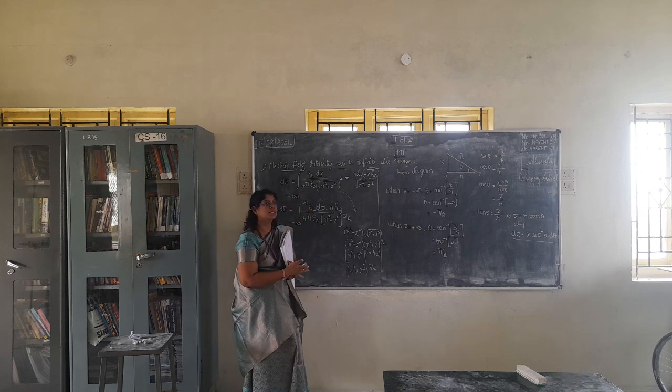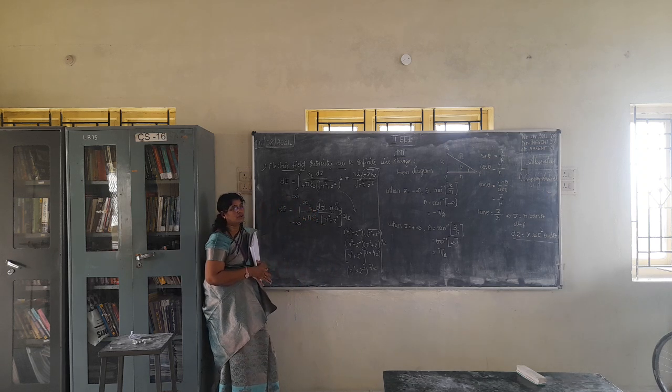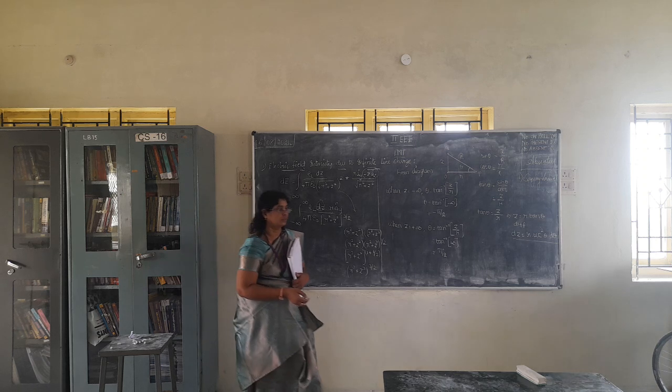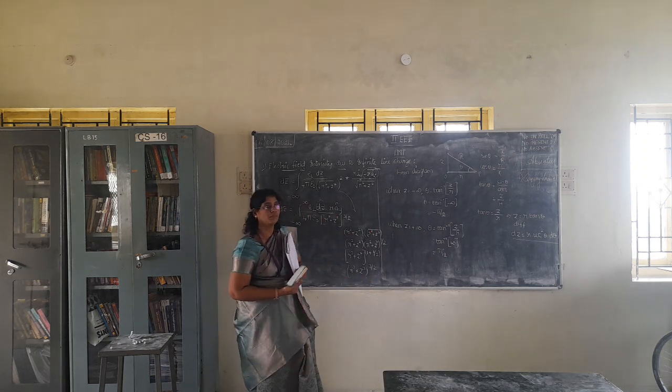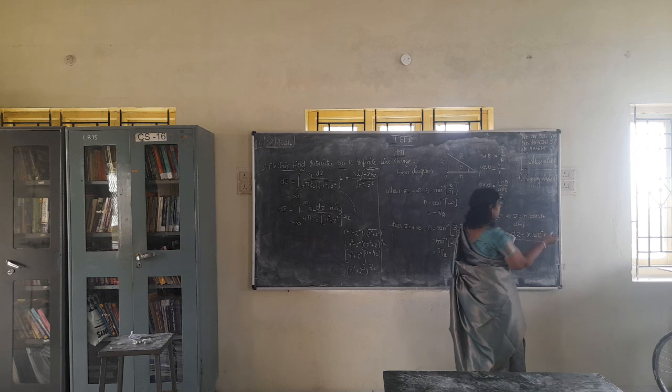Now substitute this. Substitute the limit. Find the answer. ஏன்னா 90 டிகிரி அப்படி போச்சு. See actually அந்த triangle இருந்து tan theta கண்டுபிடிச்சோமா? இங்க theta ன்னு இருக்கு.